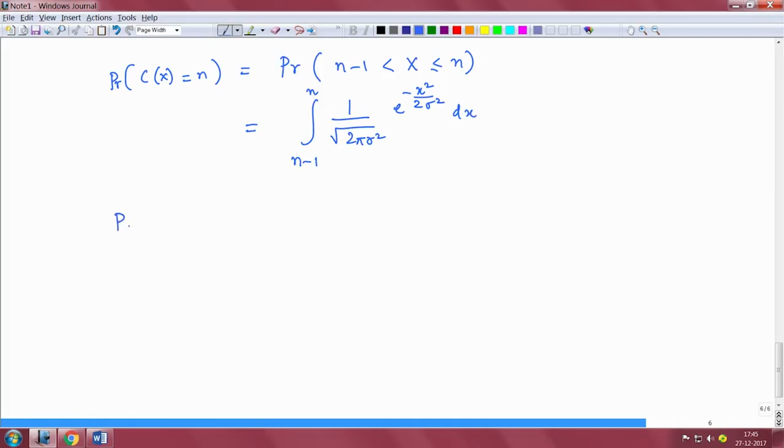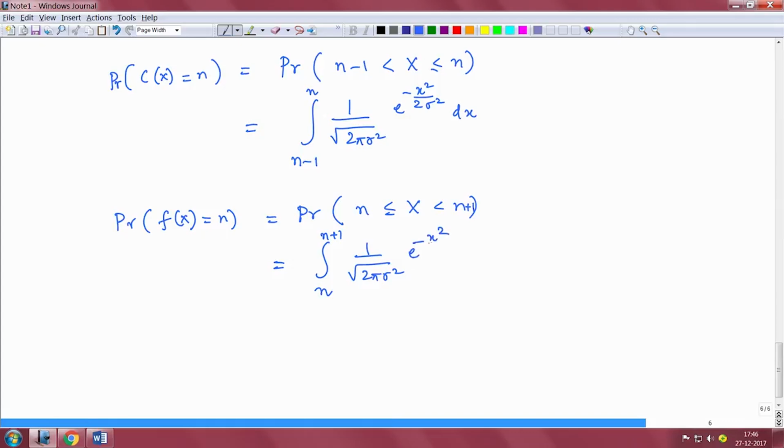And the probability that the floor function takes a value n is equal to the probability that n is less than or equal to x less than n plus 1, which is the integral from n to n plus 1 of 1 by square root of 2 pi sigma squared e power minus x squared by 2 sigma squared dx.